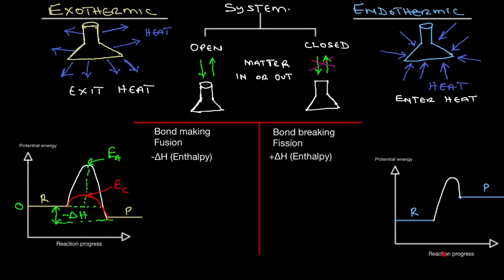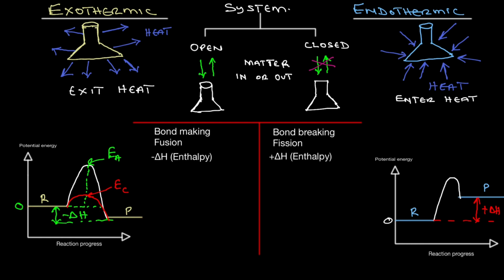This is the energy profile for endothermic, the potential energy and the reaction progress. The reactant is always zero potential energy, and the difference between reactant and the product here is plus delta H. As you can see, it is above zero. That's why it's plus. Unlike here, the product is below zero, so it's negative.